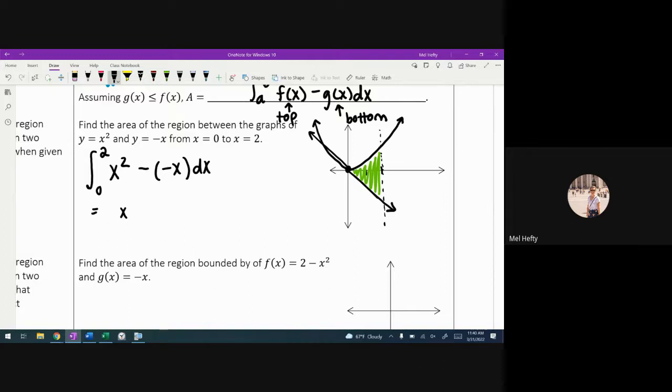One third x to the third. I'm going to take this minus and negative and make it a plus. Let's now integrate x. It's a great derivative: 1/2 x squared.